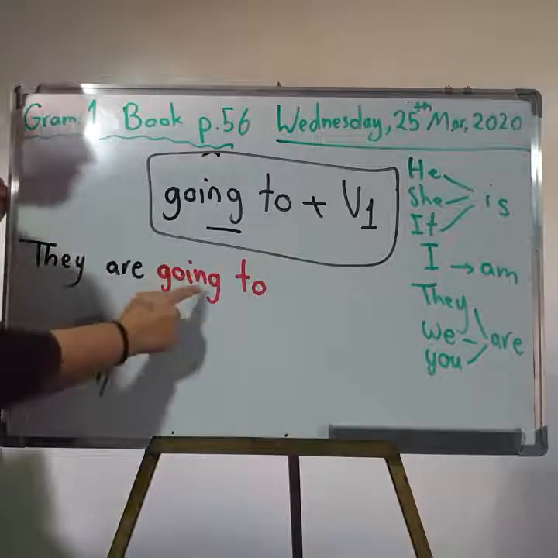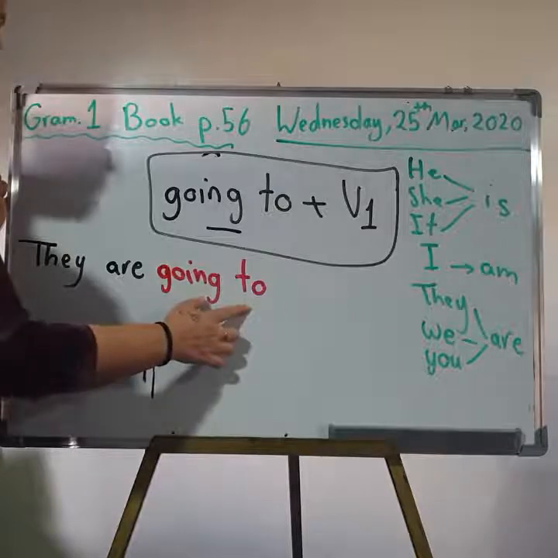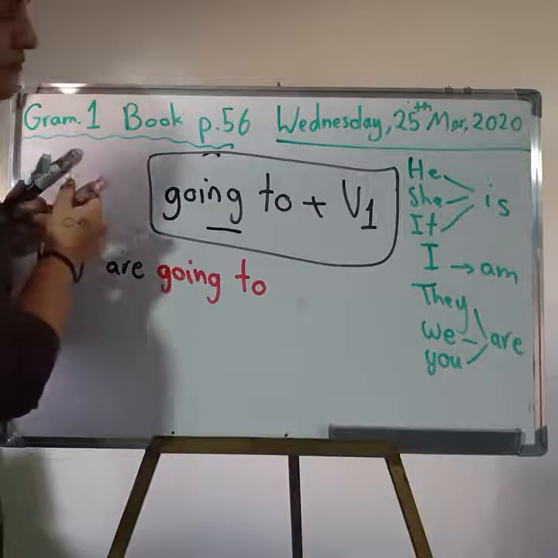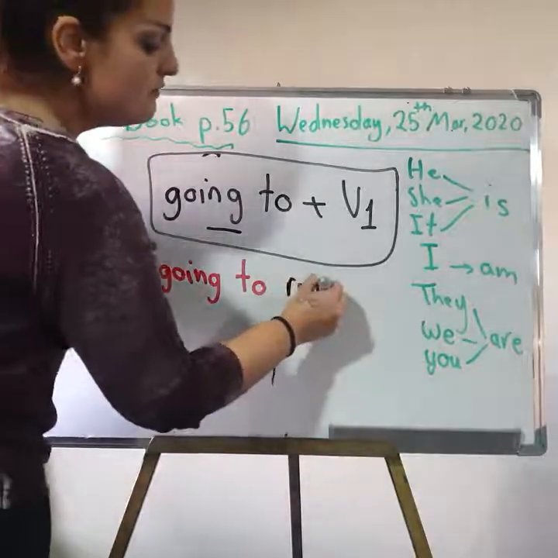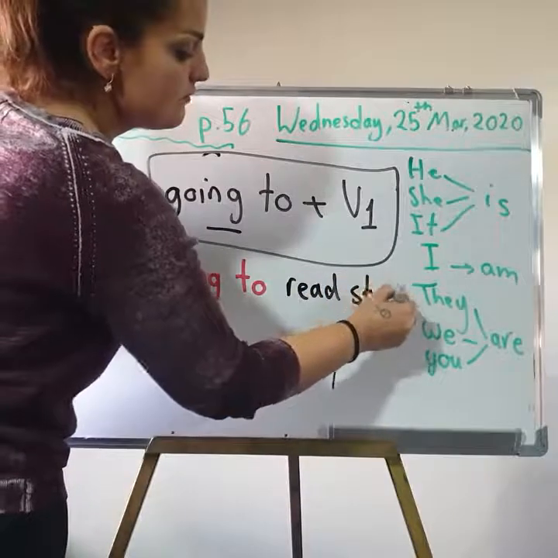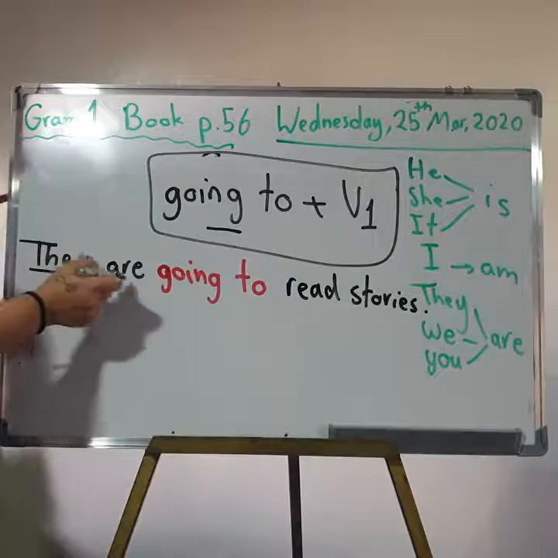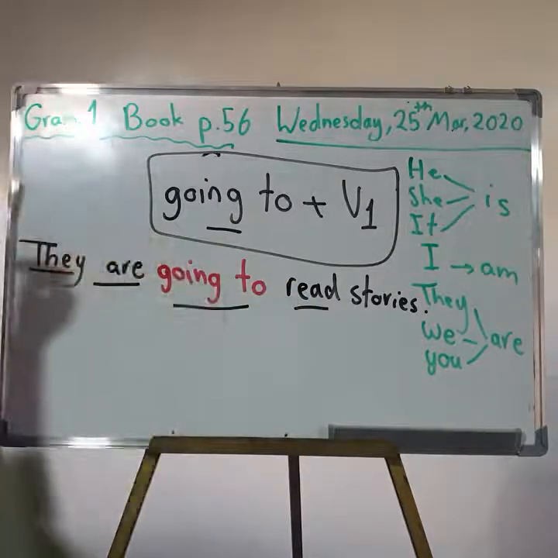You have to write going to. They come together. If you write going alone or to alone, it's wrong, okay? So going to with verb 1: they are going to read stories, for example. Here we have the subject, the helping verb, going to, and verb 1.